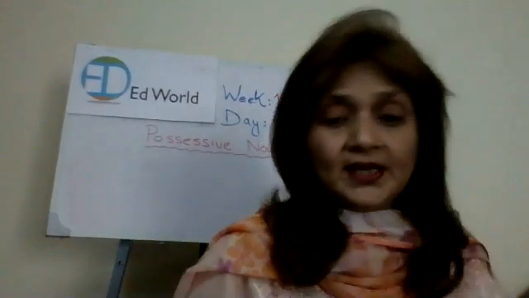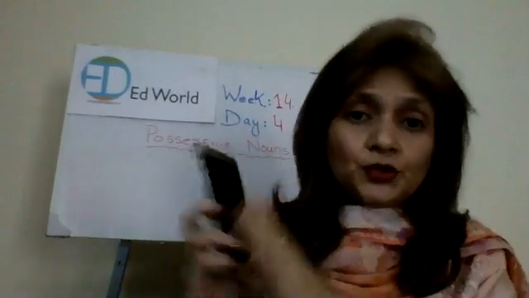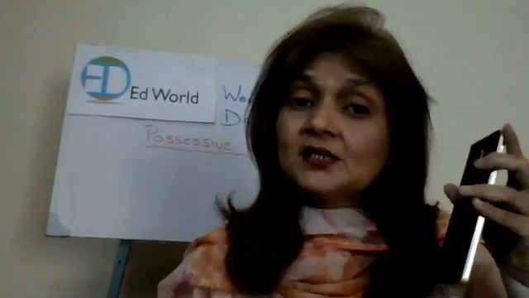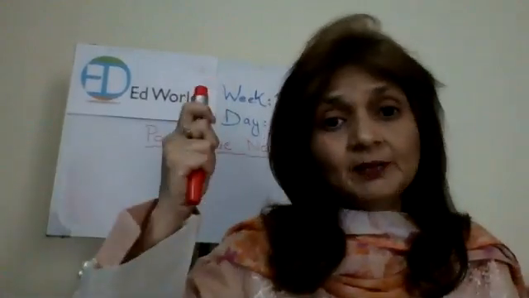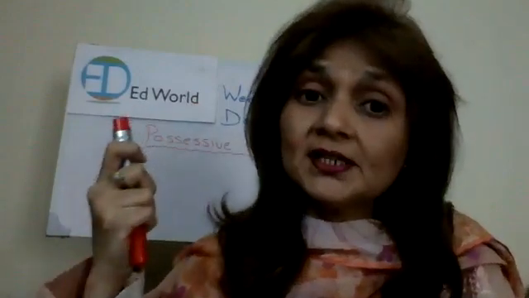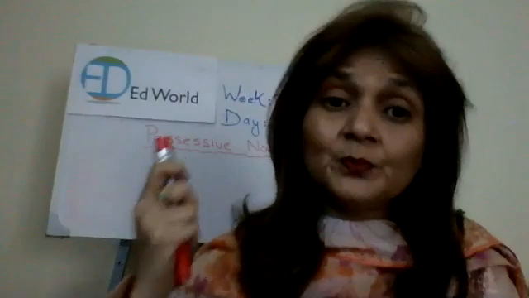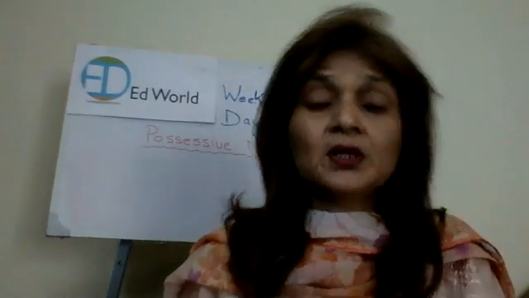In the same way, this phone belongs to me. So I'm going to say Teacher Shaista's phone. This marker belongs to me. Teacher Shaista's board marker. Very good. Saad's book.